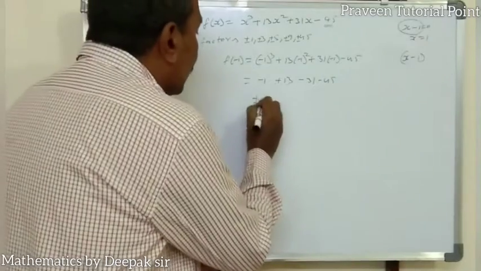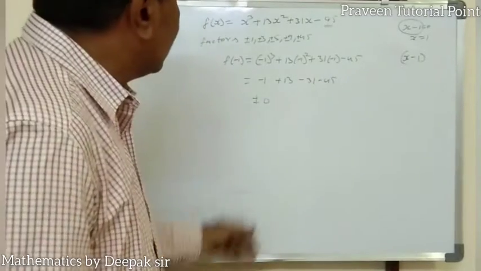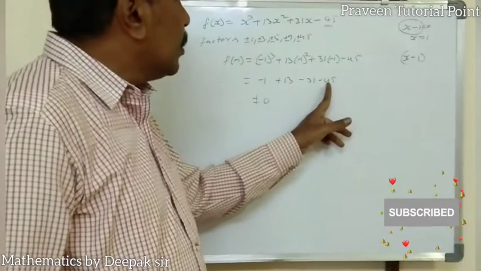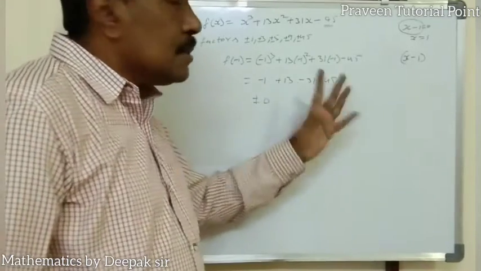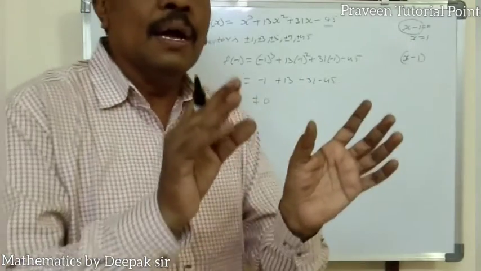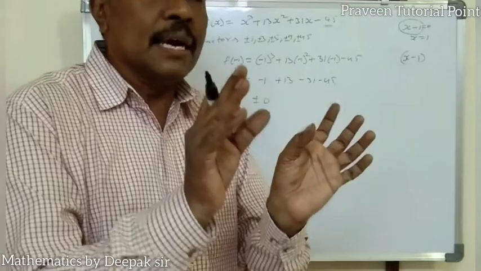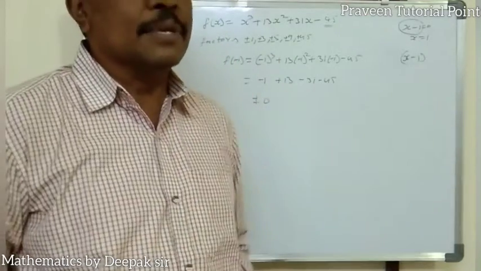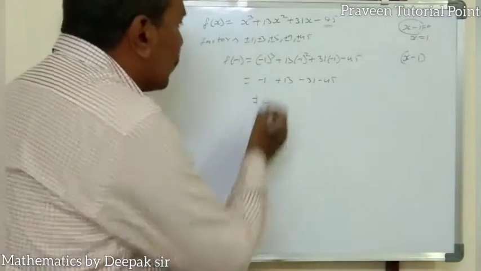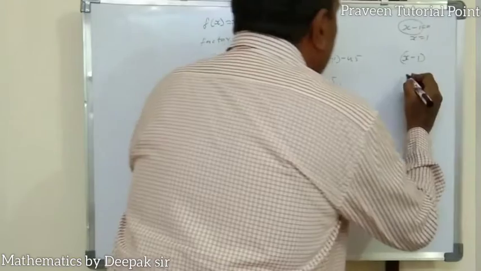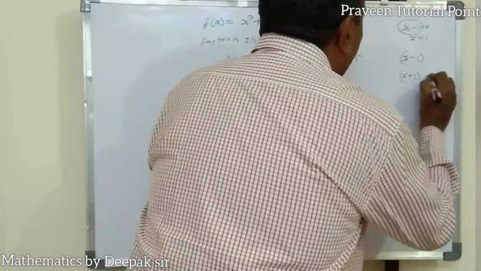This cannot be equal to 0, because the terms are not the same terms with opposite signs. So f of minus 1 is not 0, which means x plus 1 is not a factor.